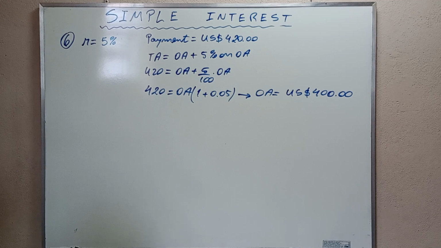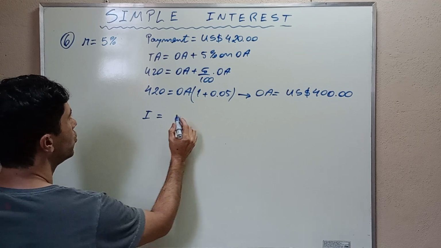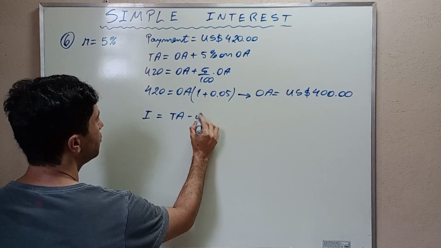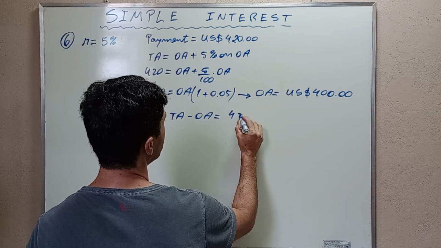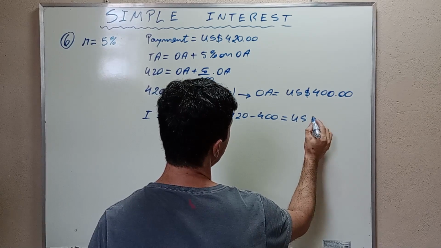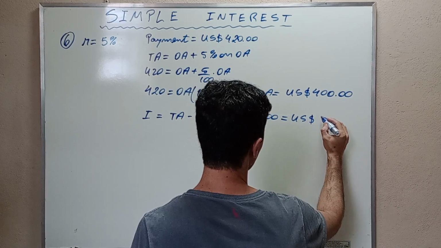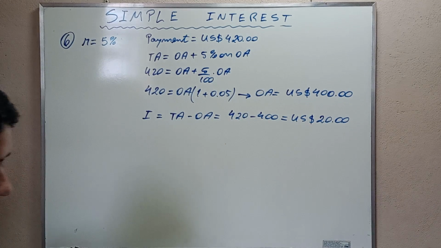Okay? The amount that she would have saved is the interest. The interest is equal to the total amount minus the original amount, which is equal to 420 minus 400, and this is equal to $20. Therefore, if Rachel had paid the bill by the due date, she would have saved $20.